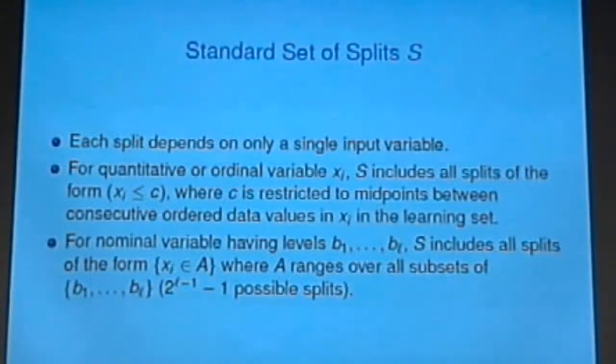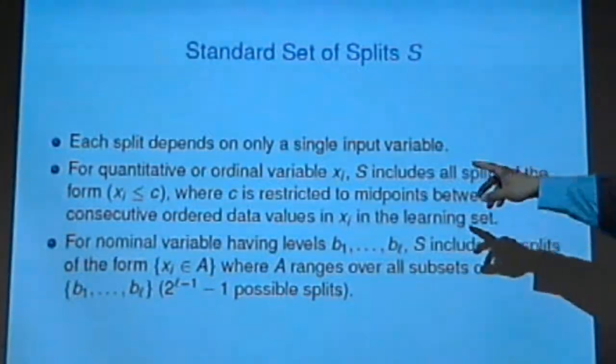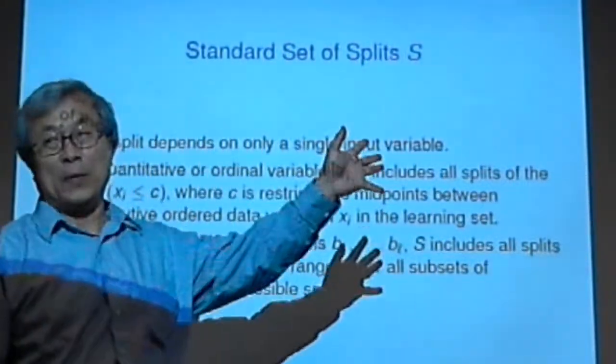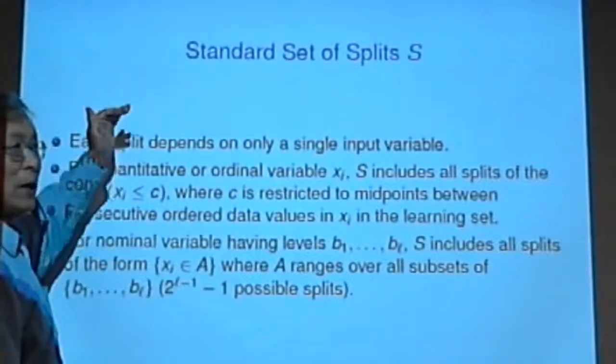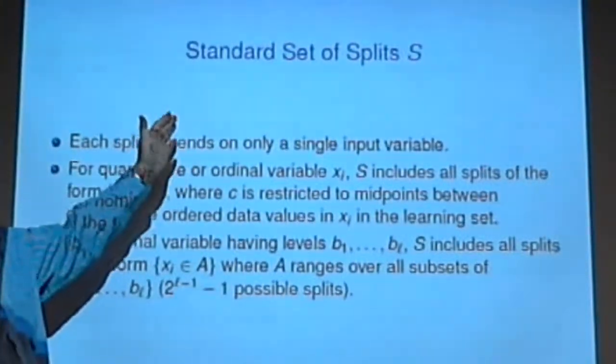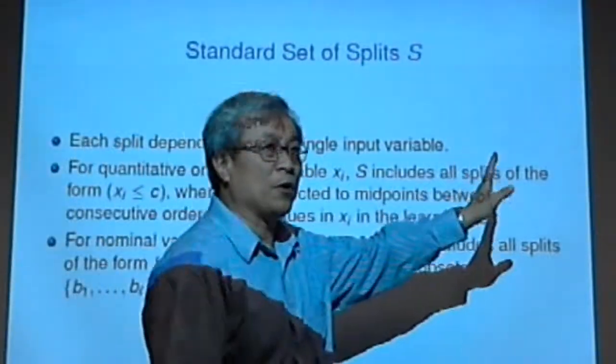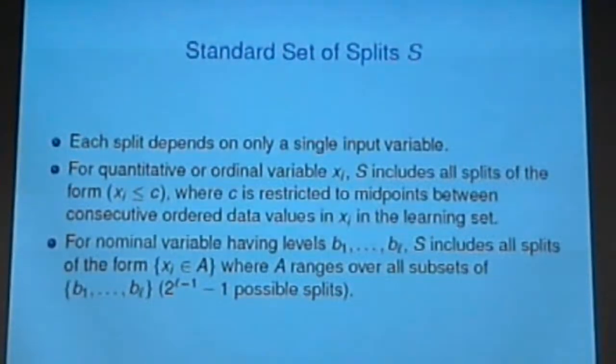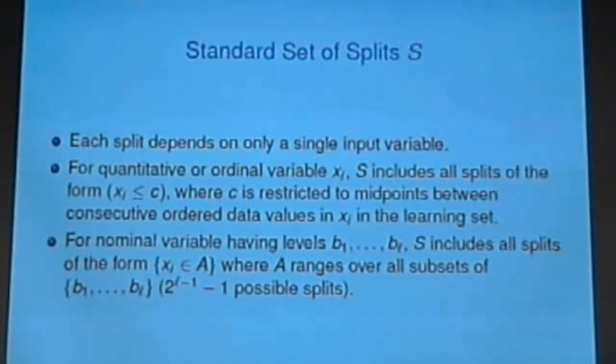So that means each split depends on only a single input variable, and let's say you have 3 variables to start with. You have to first look at each individual variable. Suppose you have categorical, ordinal or numerical data, and each of these will have n minus 1 ways of splitting, right?